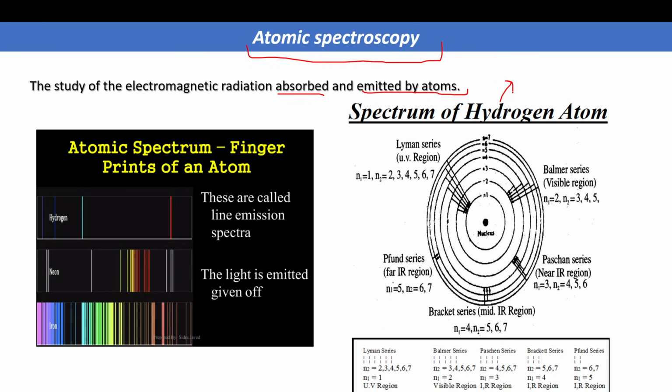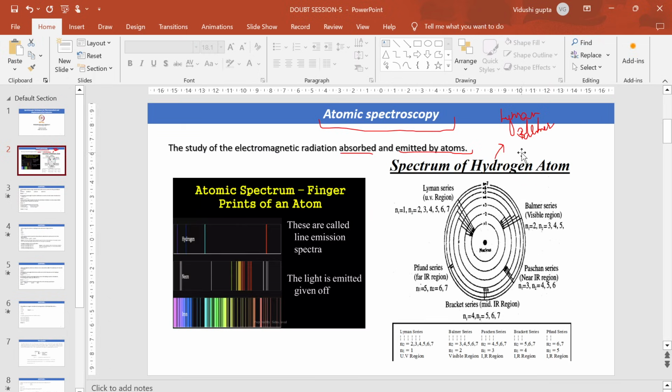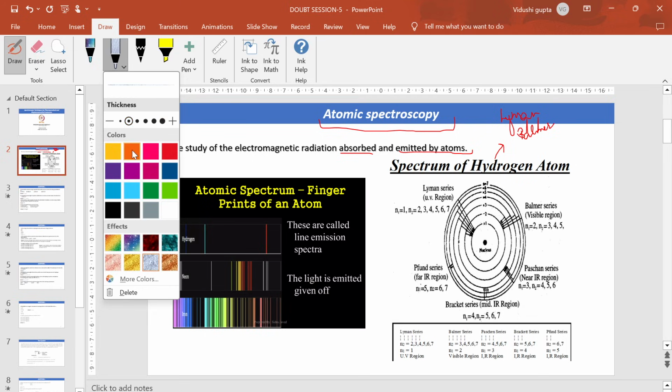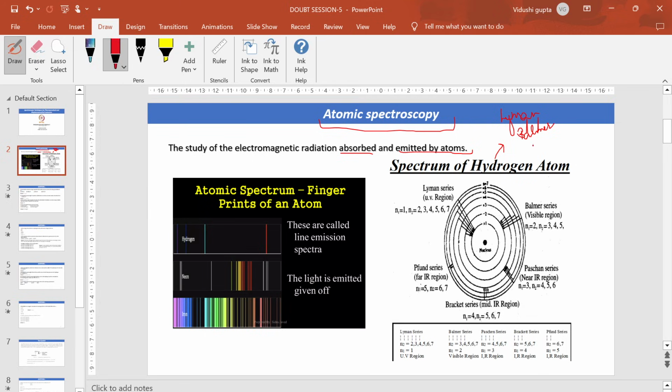In the previous session, we discussed the spectral series observed for the hydrogen atom, which includes the Lyman series, then the Balmer series, then the Paschen series, then the Brackett and Pfund series.